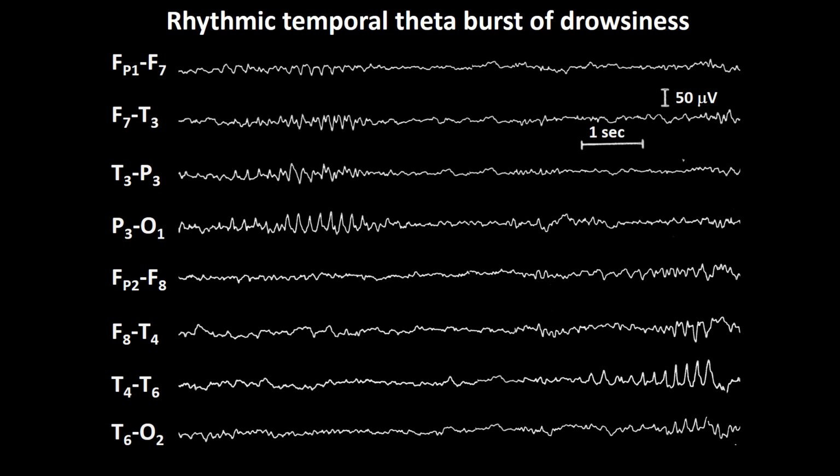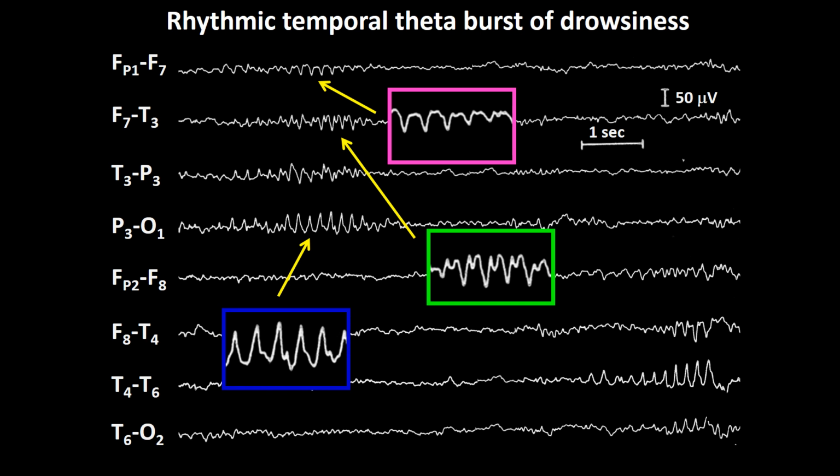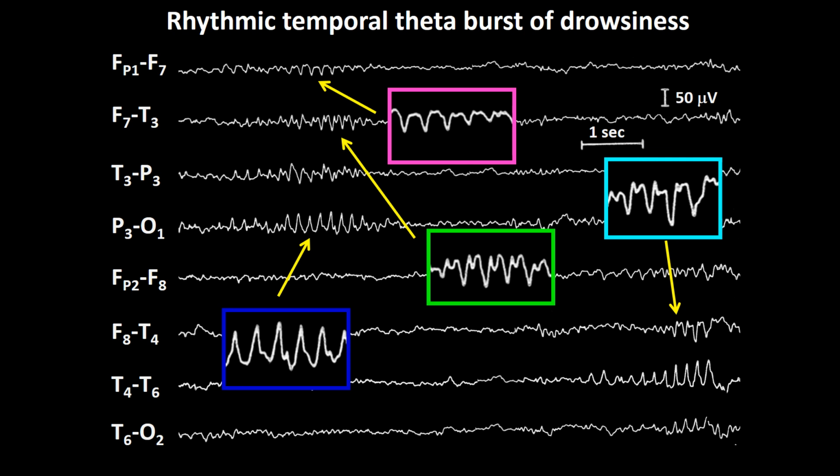In this frame, I have introduced an epoch with multiple types of rhythmic temporal theta bursts of drowsiness. Notice the configuration of the waves in this frame, which greatly differ from the one highlighted in the green rectangle, from the one highlighted in the blue rectangle, and from the one highlighted in the aqua rectangle.